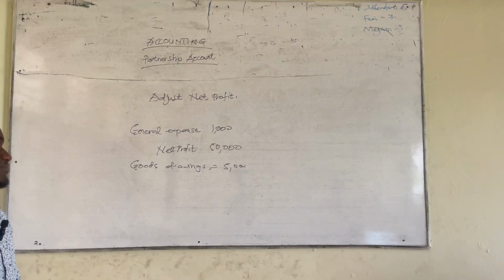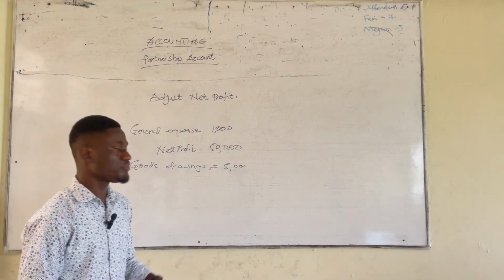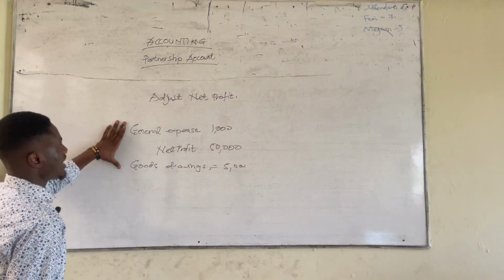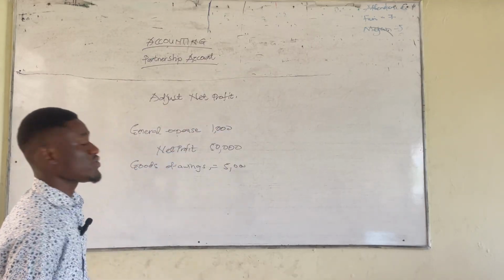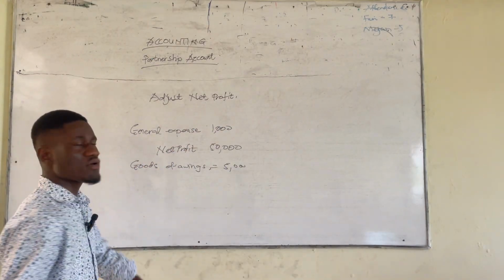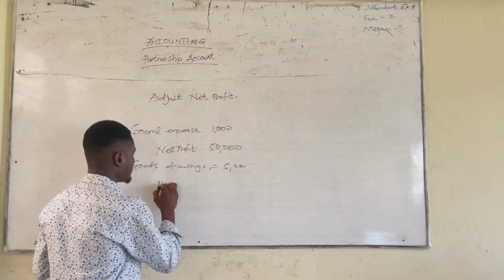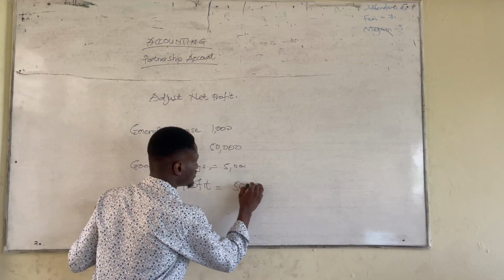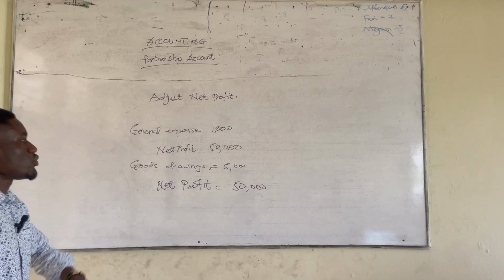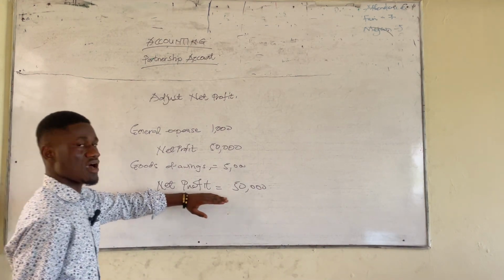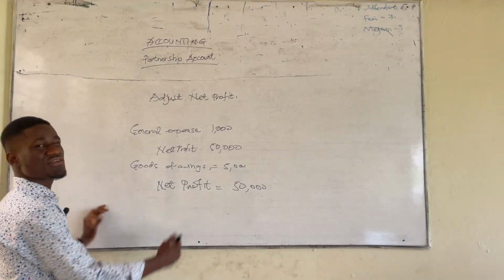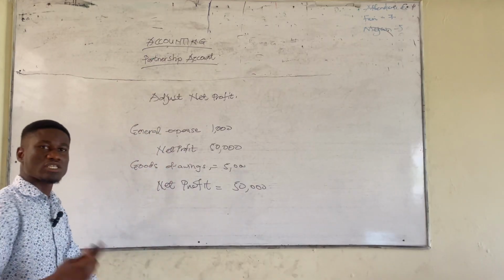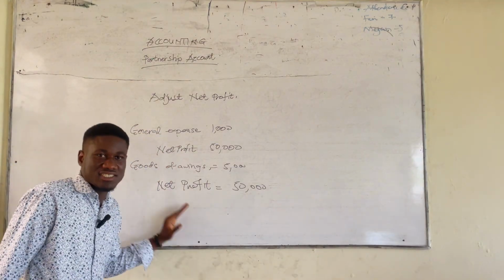At the end of the accounting period, we had a net profit of 50,000, and we realized these things were not recorded, so we have to adjust the net profit. How are we going to do it? We know net profit was 50,000. We will add those items that will increase our net profit, and we will less those items which are supposed to decrease our net profit.